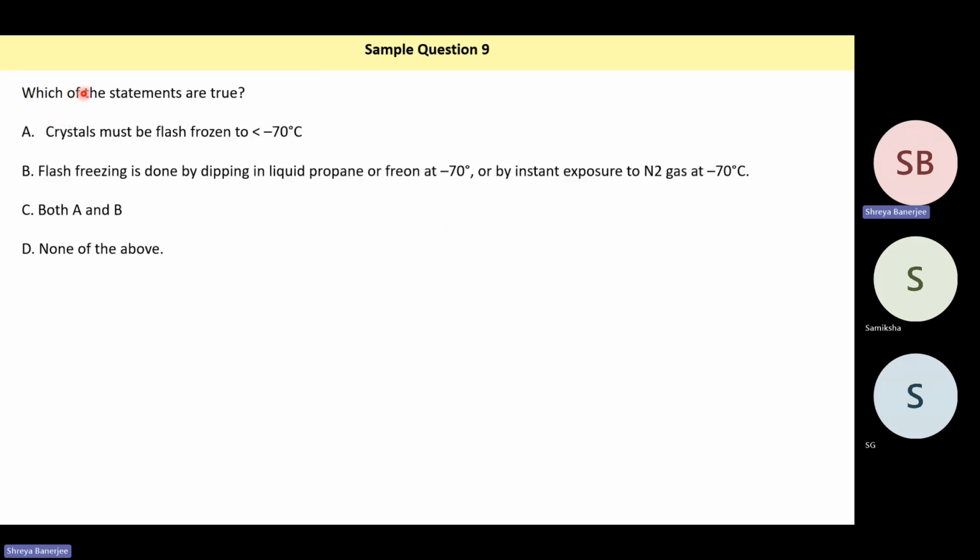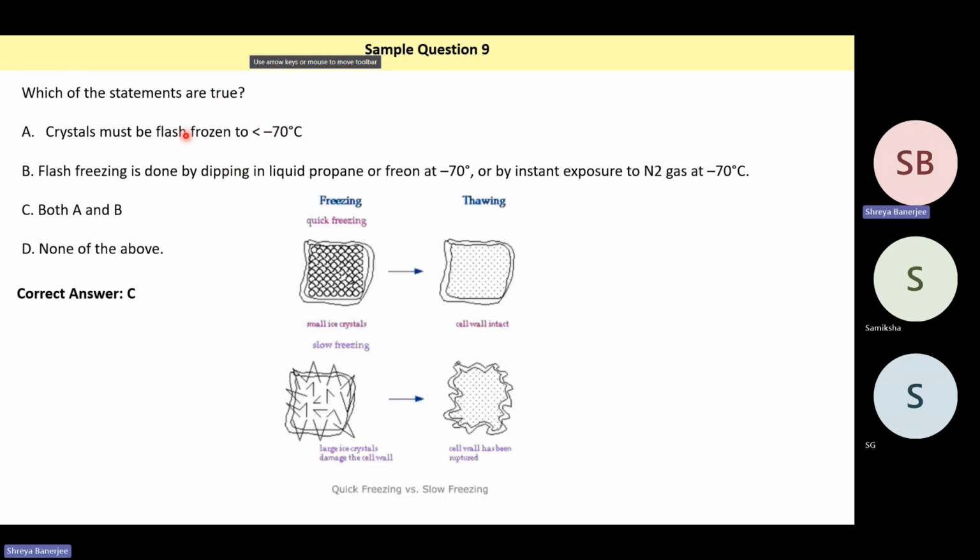So which of these statements are true? So the answer is both A and B, because we discussed B, that crystals must be flash frozen to minus 70 degrees Celsius before X-rays are passed through it in order to protect the crystal.